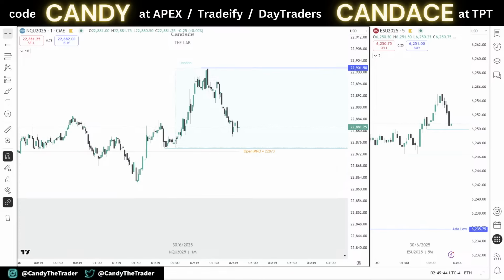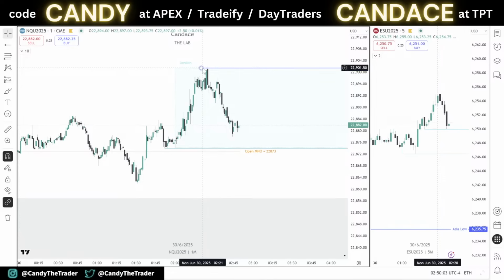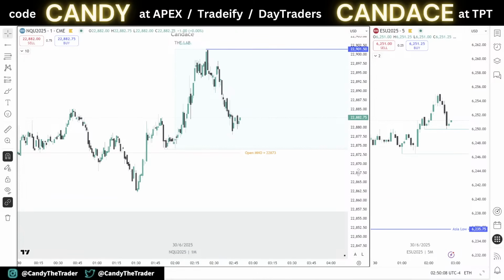Oh okay, this looks like a good entry. I think I'll wait a little bit first. One of the reasons is if you long here, it's like 20 points to the buy side equity, which is not enough for me.